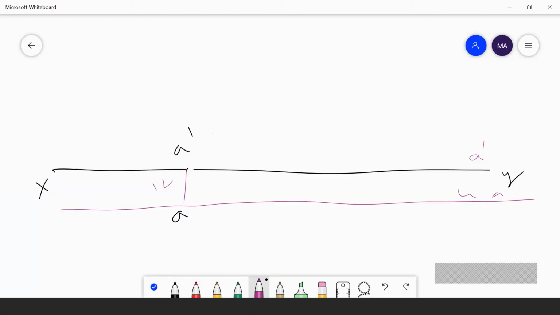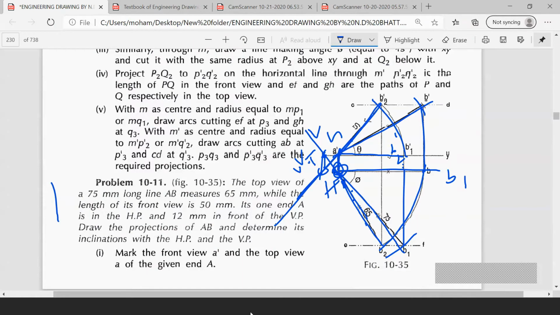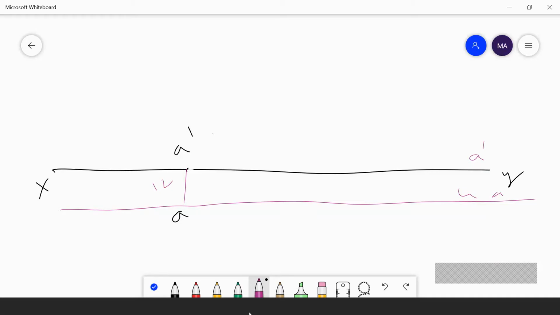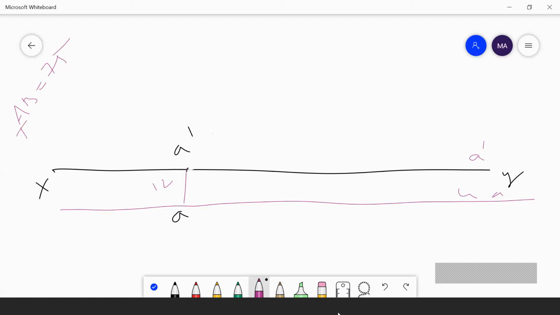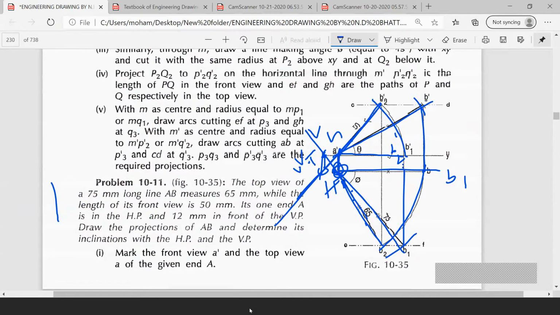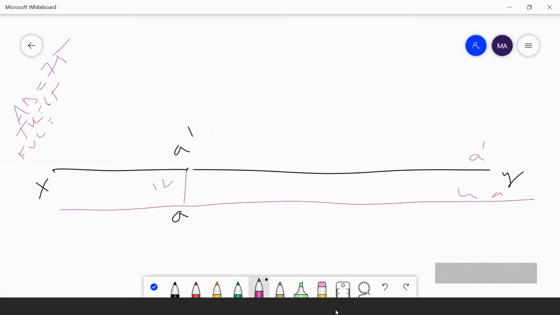He has given the top view of the line AB as 65 mm, and the front view length also he has given, as 50 mm.